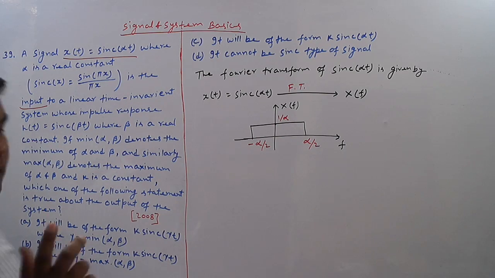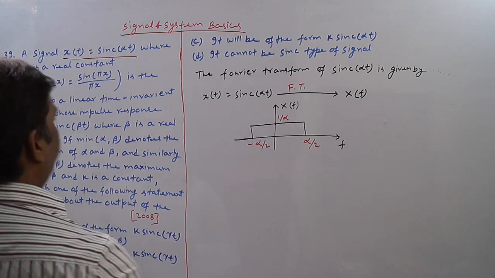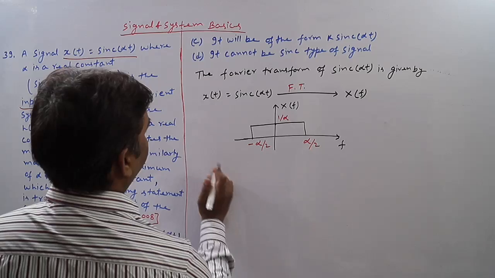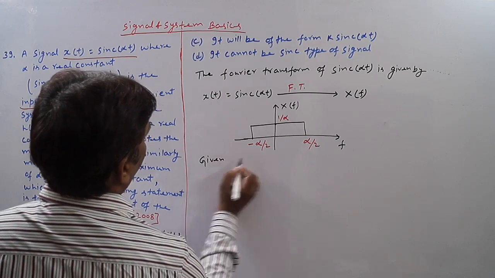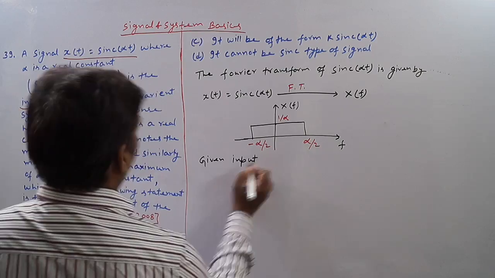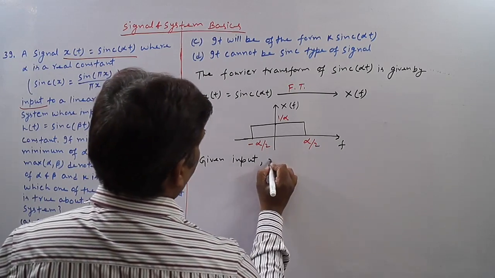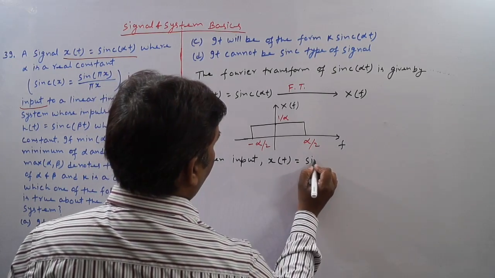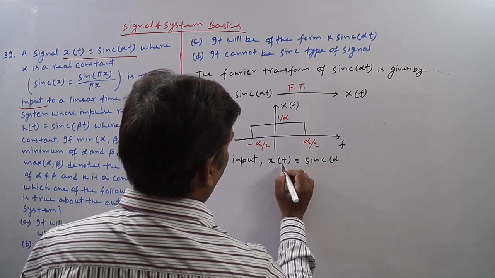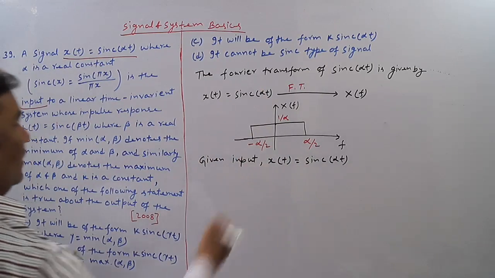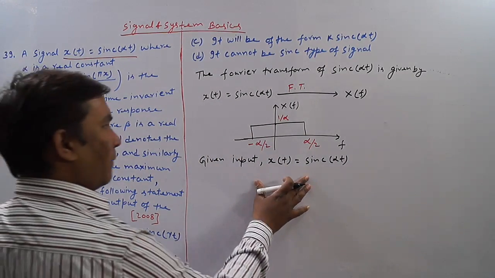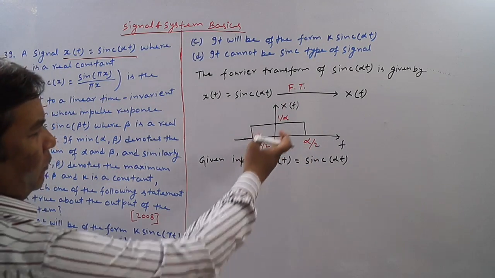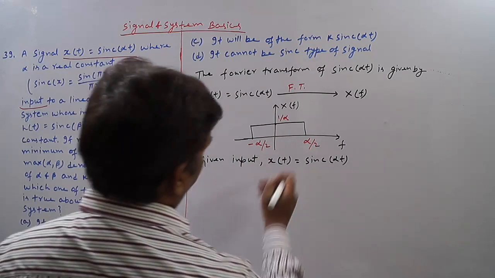So the input x(t) equals sinc alpha t, and I have also represented it in the frequency domain through its Fourier transform.